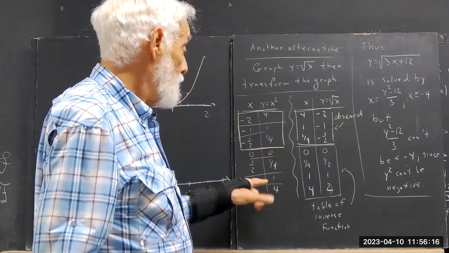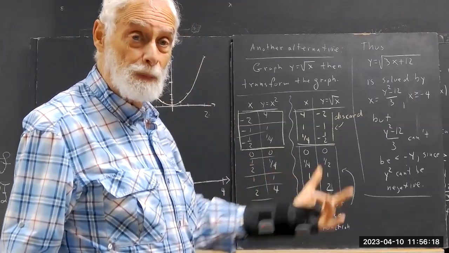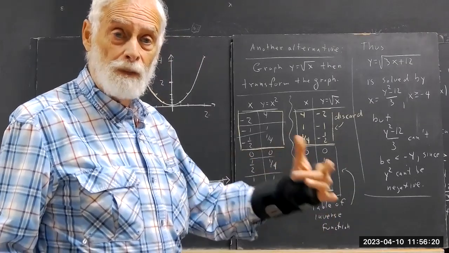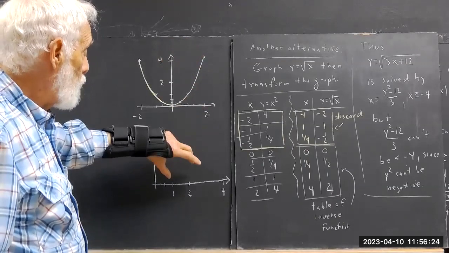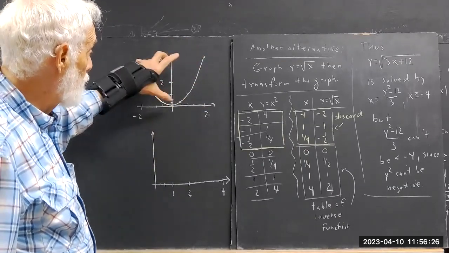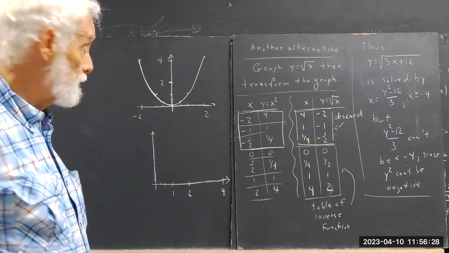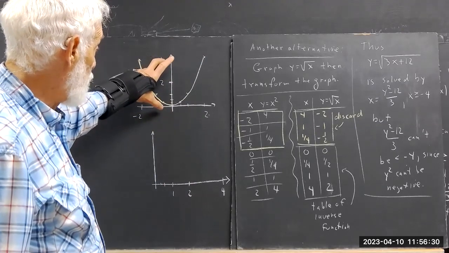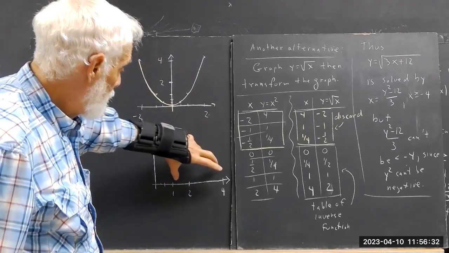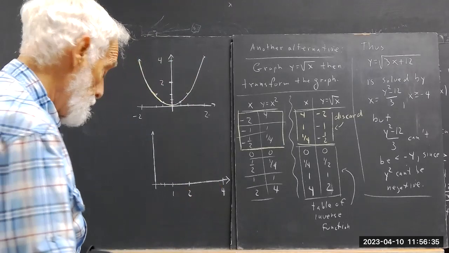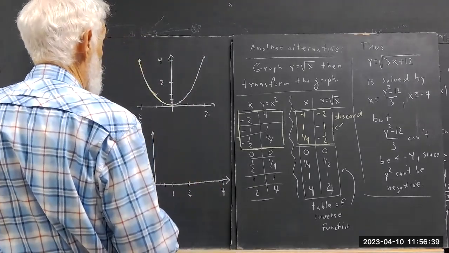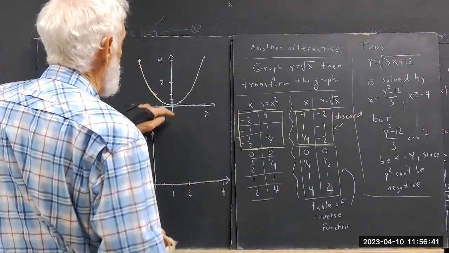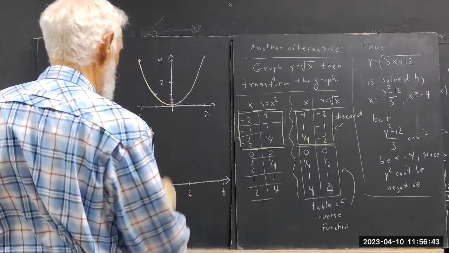I've switched my x and y columns, so my x's have become y's, and my y's have become x's. The y values become the x values, then my interval from 0 to 4 has to be down here on the x-axis. And similarly, my interval from 0 to 2 is going to be on the y-axis.